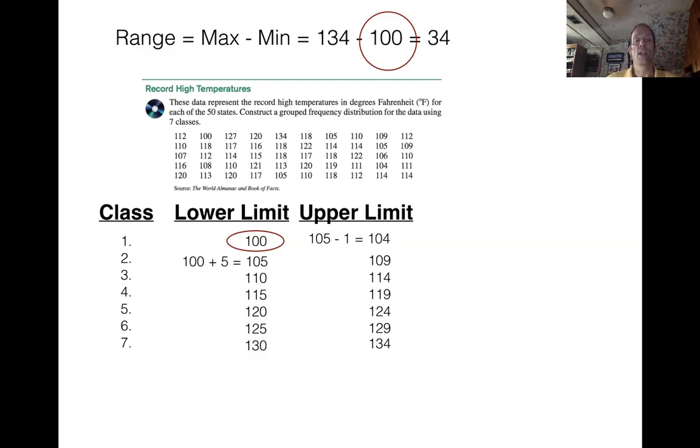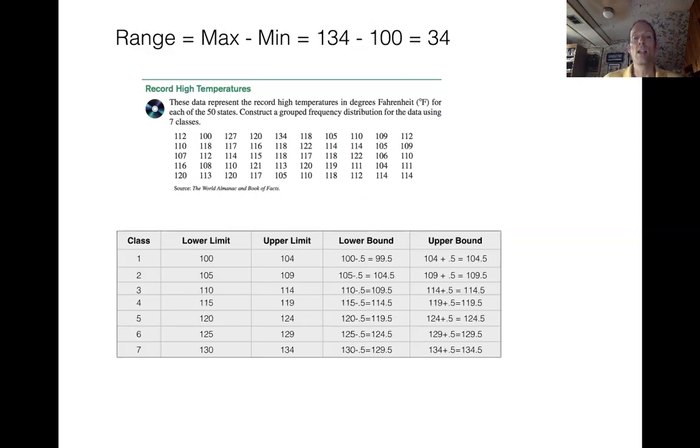Okay, so now that I have my upper and lower limits, what next? The next thing I'm going to do is calculate my lower and upper bounds. When we put them in the frequency distribution table, we won't actually be able to analyze the information at all in the frequency distribution, meaning right now they're useless columns to us. Where we need them is when we do the histogram.